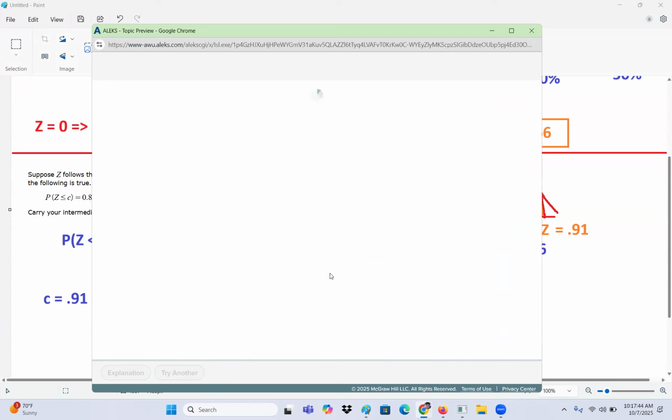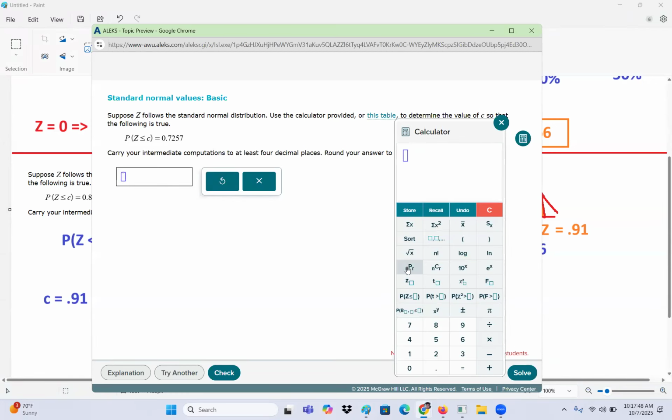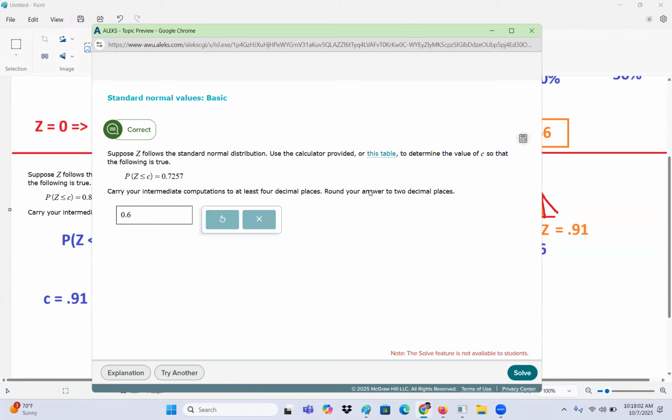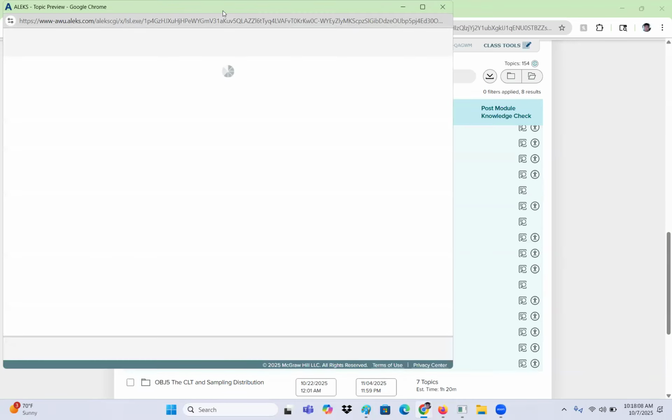We can use a calculator, take the Z of 1 minus 0.7257. You get 0.6. We haven't even done the quadratic formula for it yet. Yeah, same as we have. Okay, something like that. The total is also one.